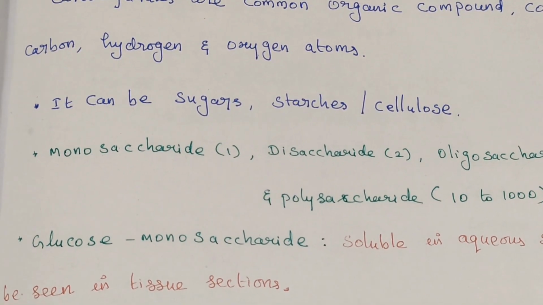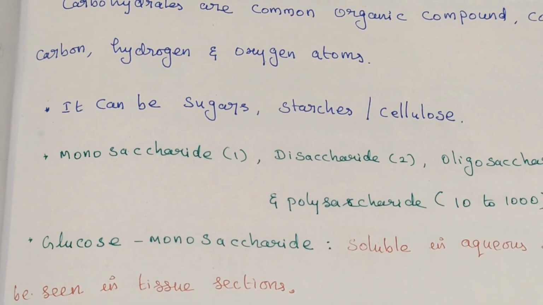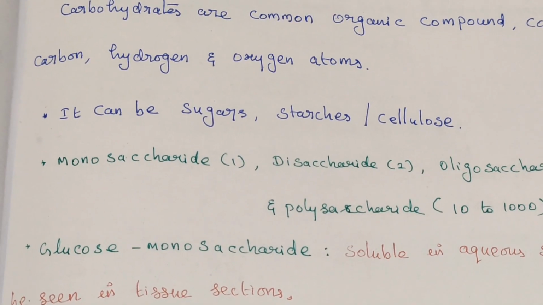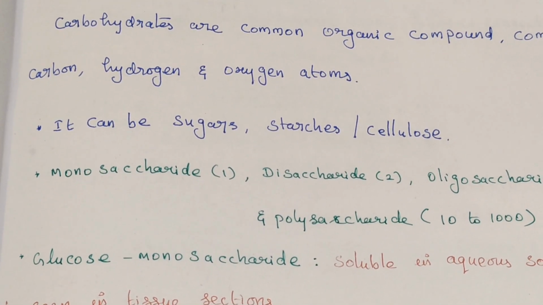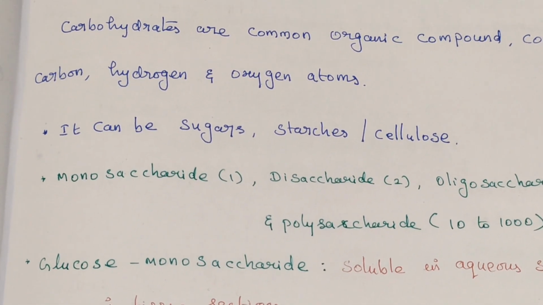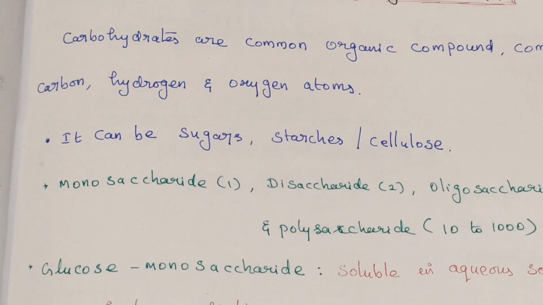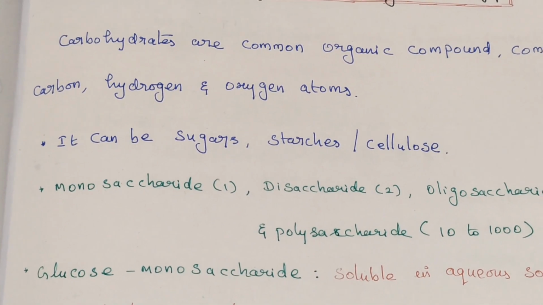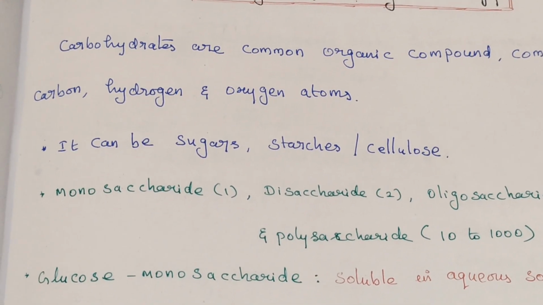the body. They are classified by the number of carbon atoms present within the chain, the length of the chain, and of course the location of the carbonyl group, where the carbon atom is double bonded to the oxygen.